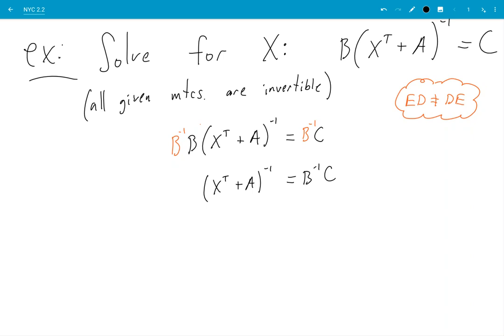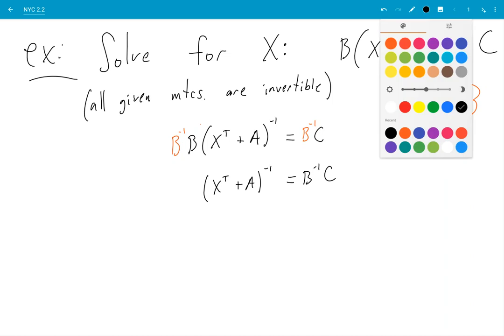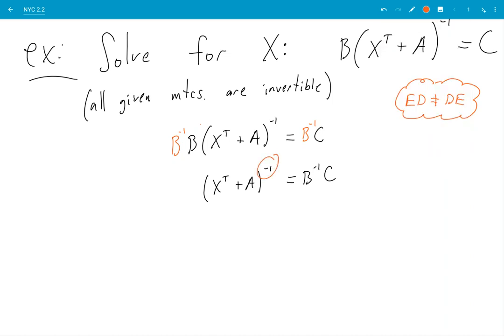I want to isolate for x. So to get this inverse to go away, I'm going to have to invert both sides. And what does that give? x transpose plus A is C inverse B. The order got reversed when I inverted a product.